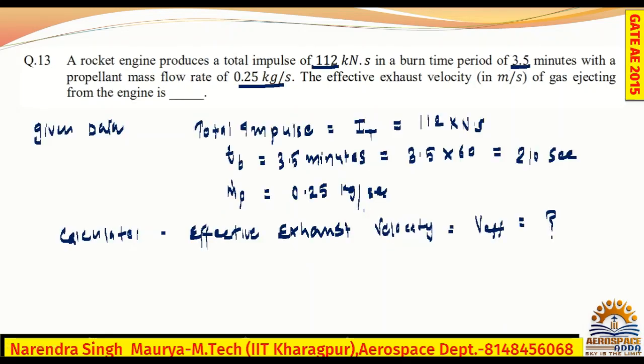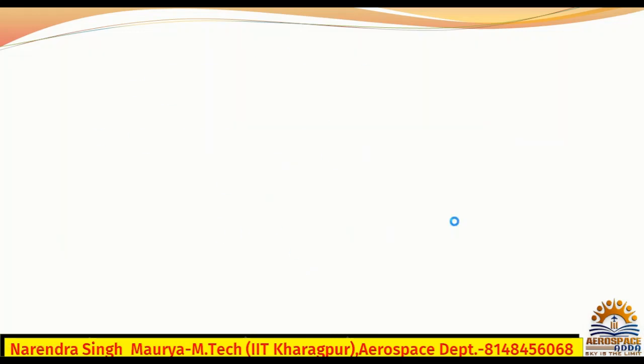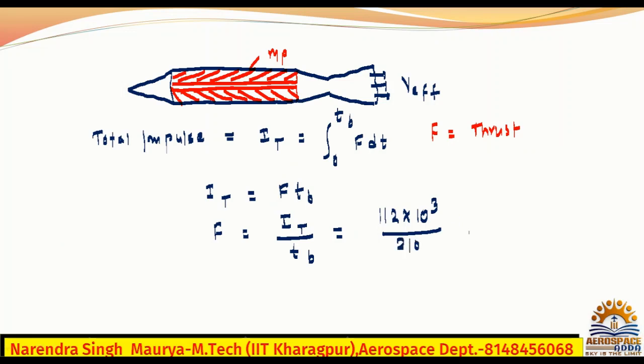IT, the total impulse, is 112 kilonewton second, so 112 times 10 to the power 3, and TB, the burning time in seconds, is 210. So thrust is 533.33 Newton.